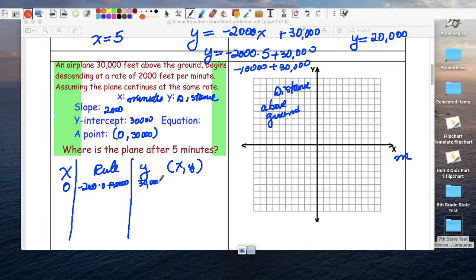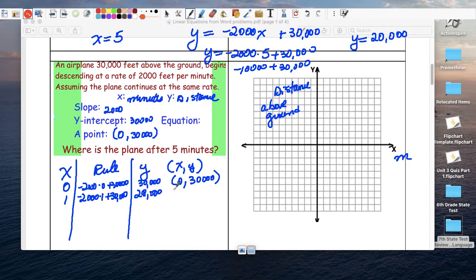So when the airplane starts descending and the clock hits 0, right on our stopwatch, at 0 minutes, he's still at 30,000 feet up in the air. 1 minute passed, so we're going to do negative 2,000 times 1 plus 30,000. And negative 2,000 times 1, it's negative 2,000 plus 30,000 gives me 28,000.